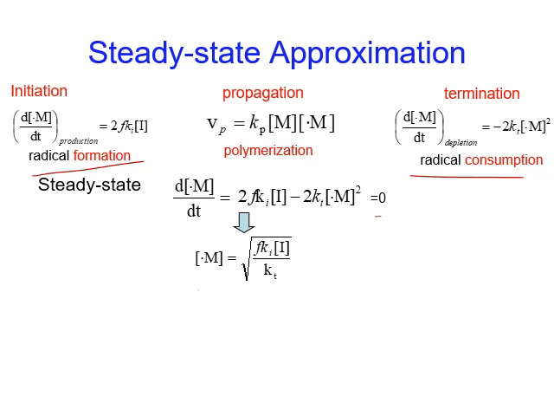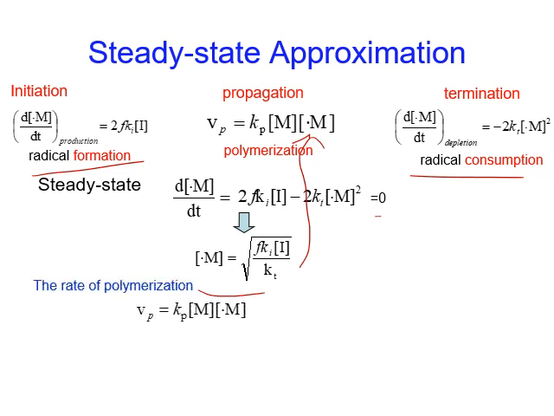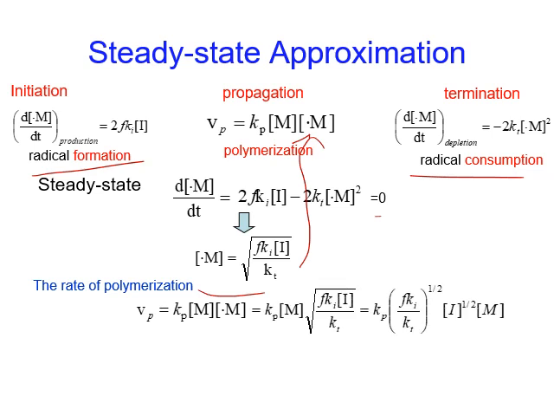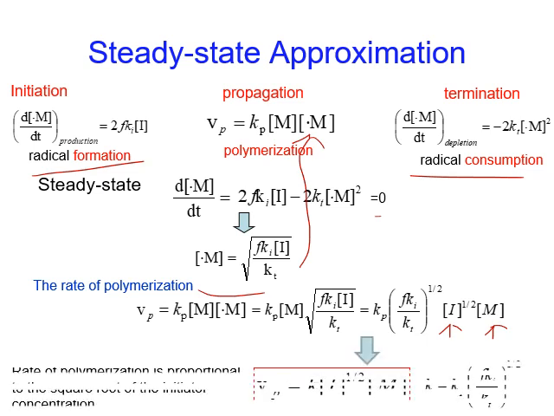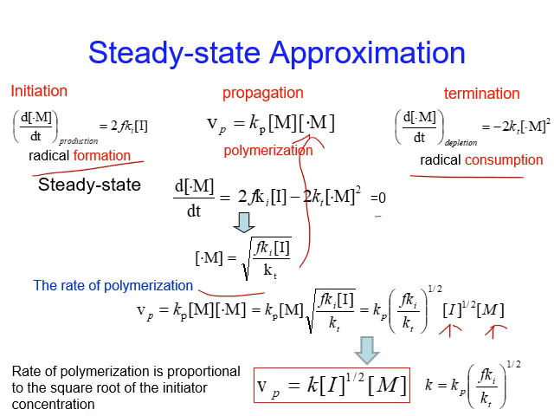Using this concentration in the propagation reaction rate, we can calculate the rate of polymerization. This rate of polymerization is first order with monomer and half order with initiator. So both are important. The monomer and the initiator will affect the polymerization rate. The rate of polymerization is proportional to the square root of the initiator concentration.